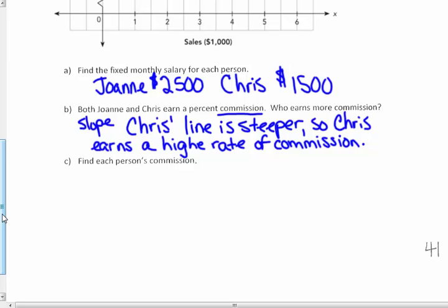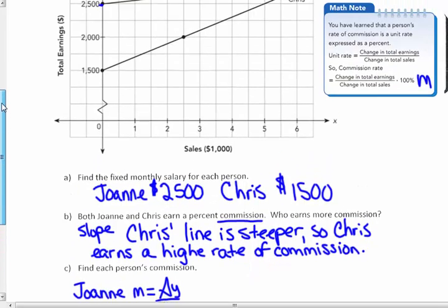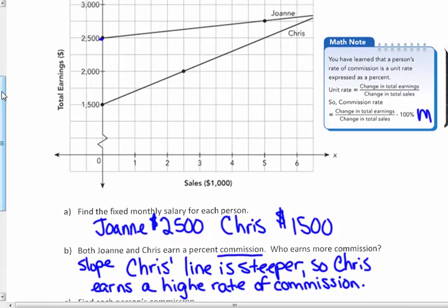Find each person's commission. So Joanne, M equals delta Y over delta X. This would be 2,750 for the Y, and the X is 5.